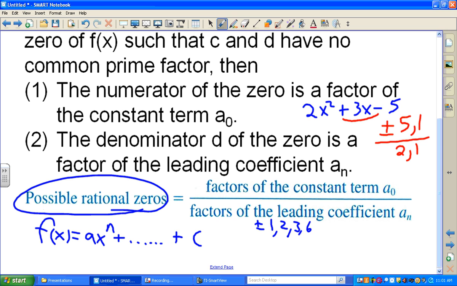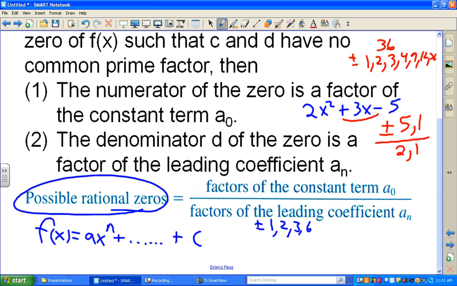Because the factor theorem says you have to include the negative factors as well as positive factors. For instance, the factors of 36, you were all taught were like 1, 2, 3, 4, 9, 12, and 36. Well, actually, the positive and negatives, because negative 2 times negative 18 is also 36.